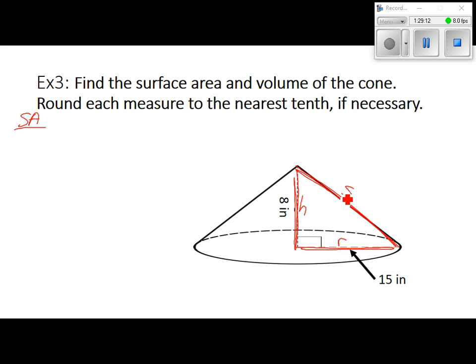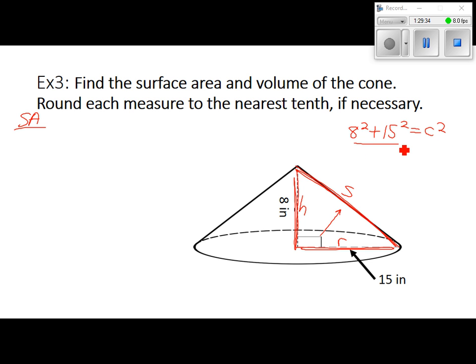So it makes no difference if you want to find that slant height. All you would do to find the slant height, and we can do it either way. If we want to find the slant height, that's got to be the hypotenuse, so it would be 8 squared plus 15 squared equals c squared. And we just do this math.